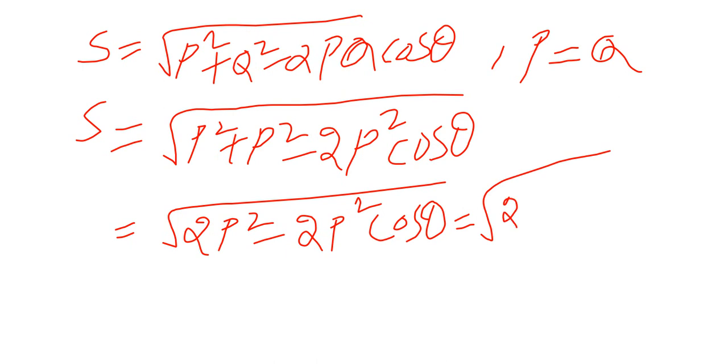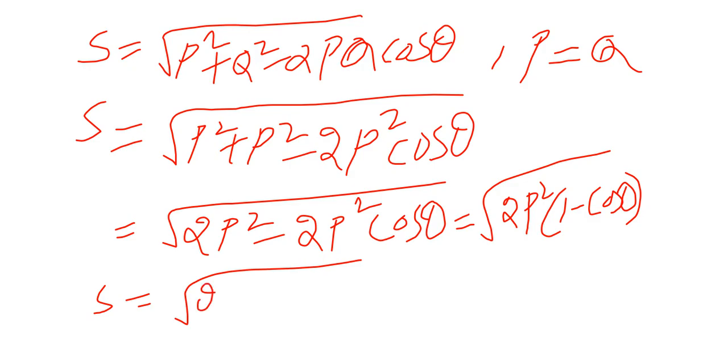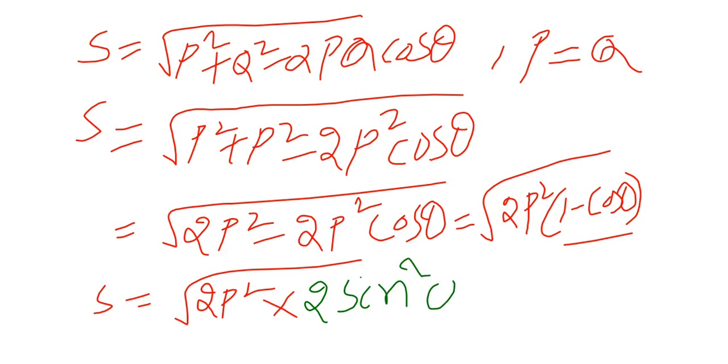The value of 1 minus cos theta is 2 sin square theta by 2. So on simplification the value is 2P sin theta by 2.